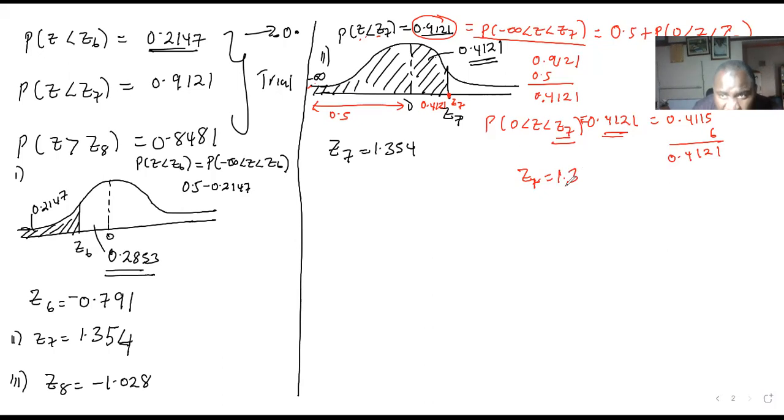Now it means you have read 1.3. Are we together? Yes. After reading 1.3, you came where 0.4115 was. You see where it is? Under which column? Under 5, and then the remainder is from under 4. That is how we get the answers. Thank you so much. Anytime.